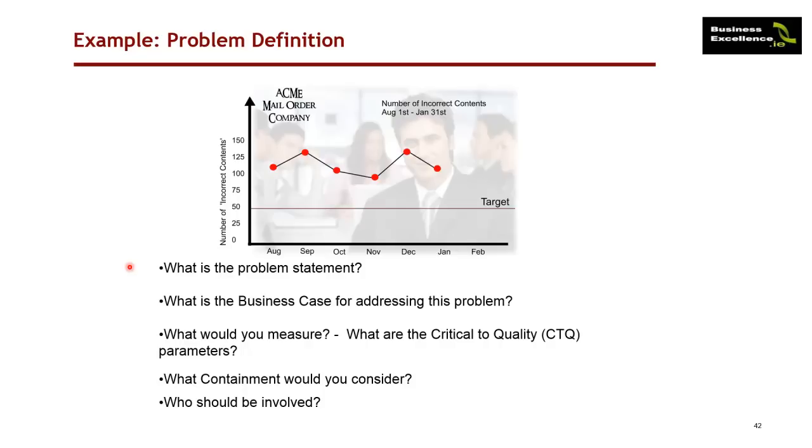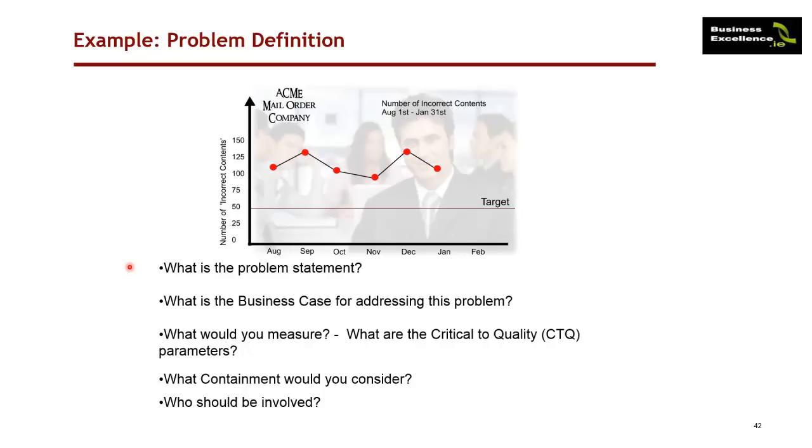The next question we might consider here is, what containment would we put in place prior to looking at the process and prior to coming up with a more sustainable solution? In a lot of cases, people will say, well, double check the order before it goes out the door. And then when you ask people, what would you check it against?